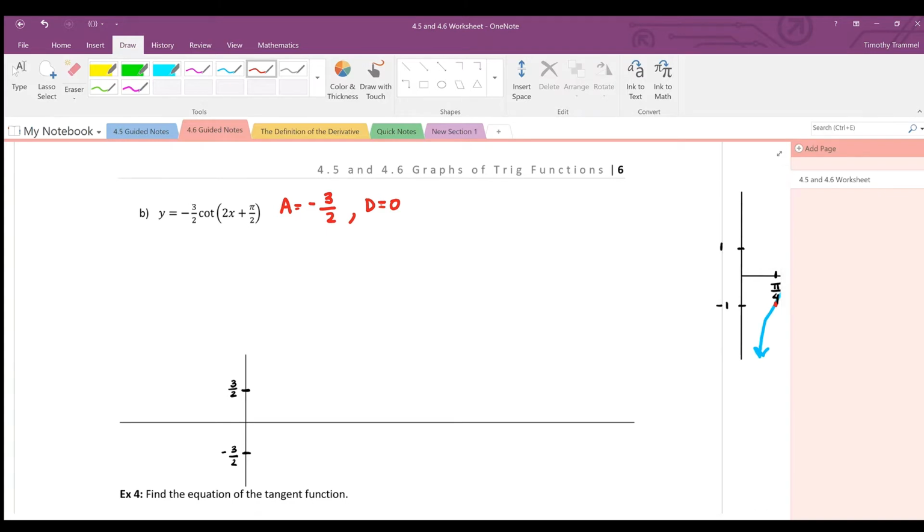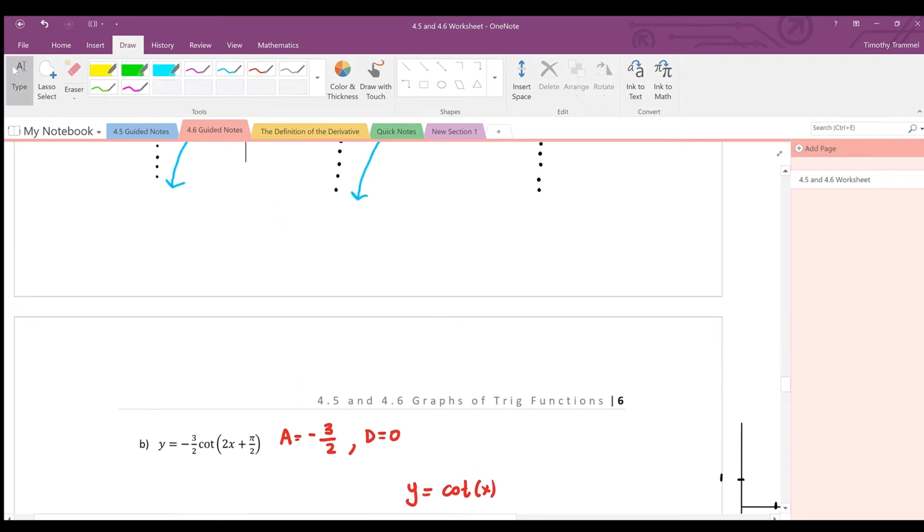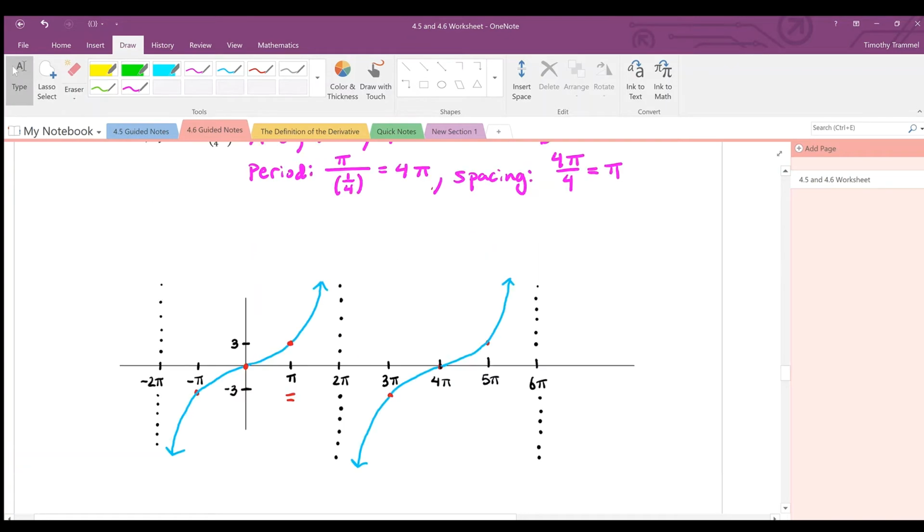Next. Now, we don't actually want to be thinking about cotangent of x here. We actually want to be thinking about minus cotangent of x. And let me remind you what cotangent of x looks like, and then we'll look at minus cotangent of x. So here's cotangent.